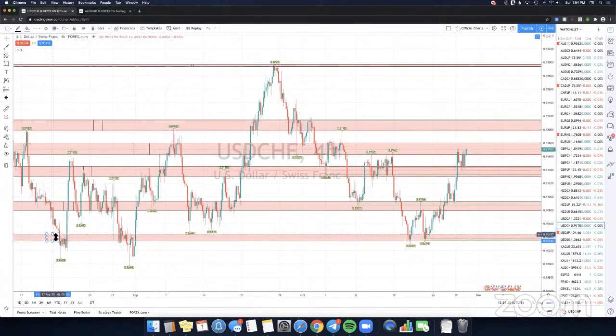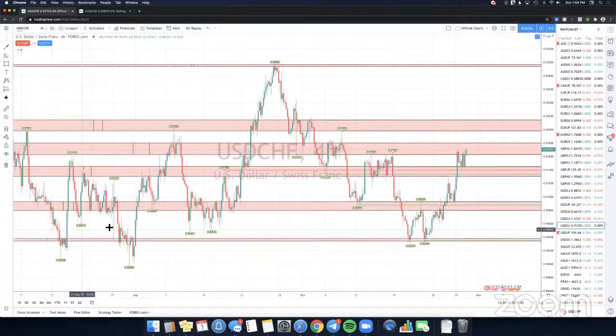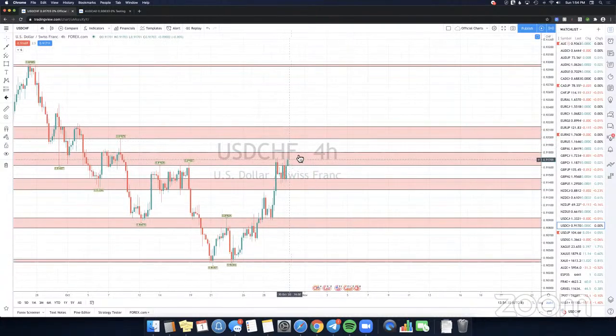So I'm just going to move this down to here. And there we go. We have all the zones lined up here. I'm going to hide the K2SR indicator. Price is currently within this zone over here. So this upper zone is going to be 0.91799. And this lower zone down here is going to be 0.91625. So those are the two zones closest to price currently for USDCHF.